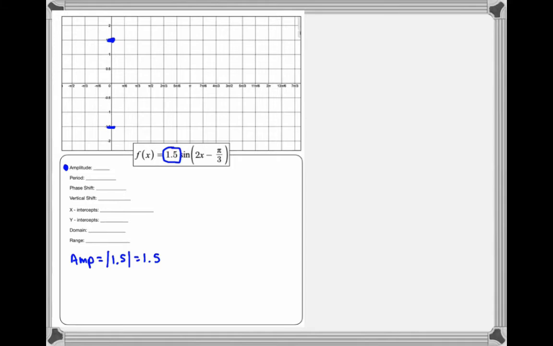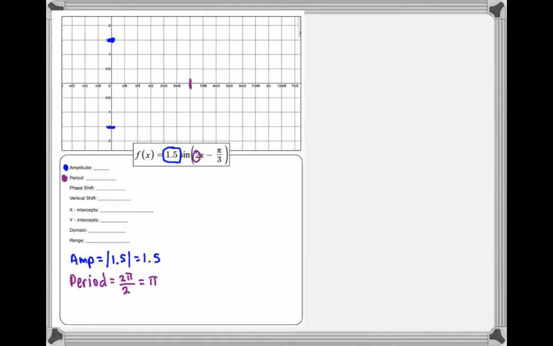Okay, so the period, as the past videos have said, is 2 pi divided by this number right here, which is 2, which means pi. That means the entire sine function is going to get done in pi units.